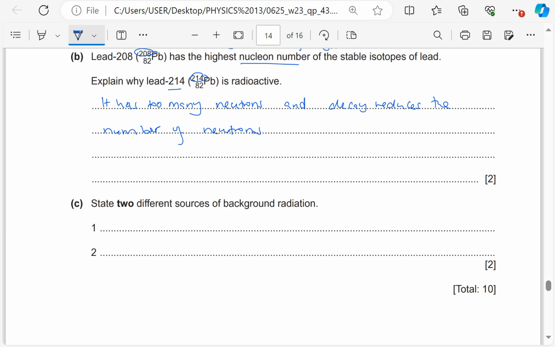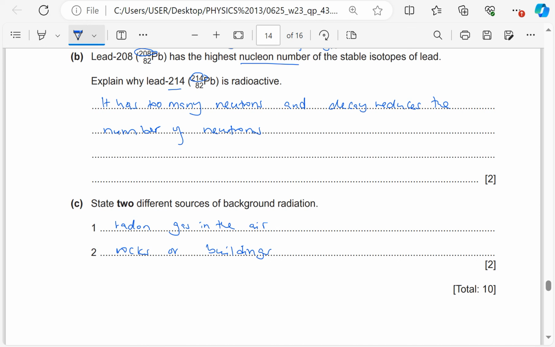State two different sources of background radiation. Of course, background radiation has many sources, but the most common ones are radon gas. We have radon gas in the air. We have rocks, building materials.